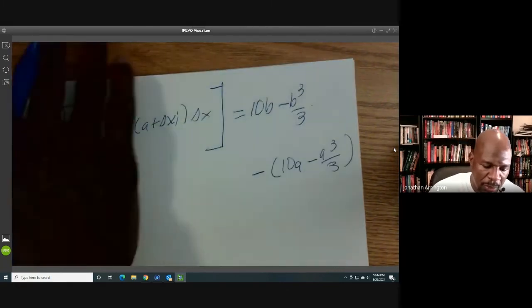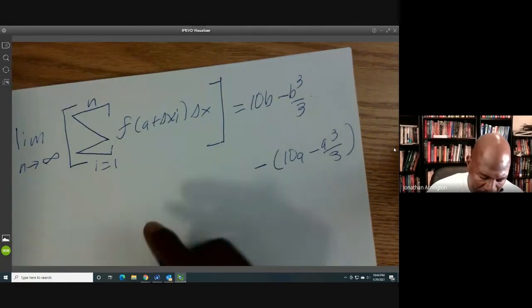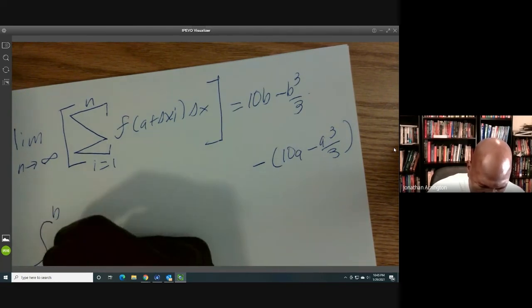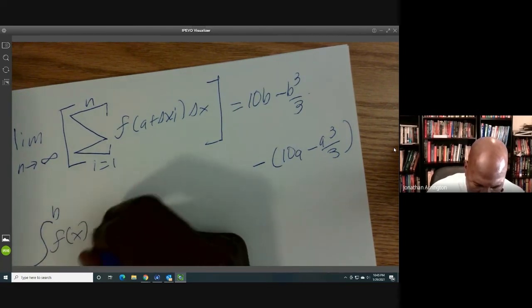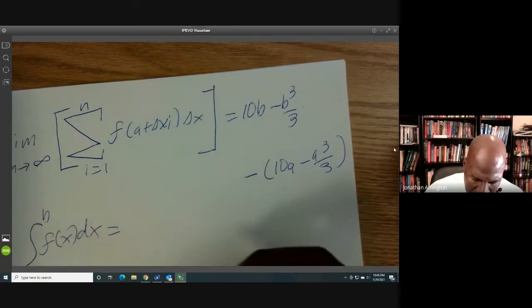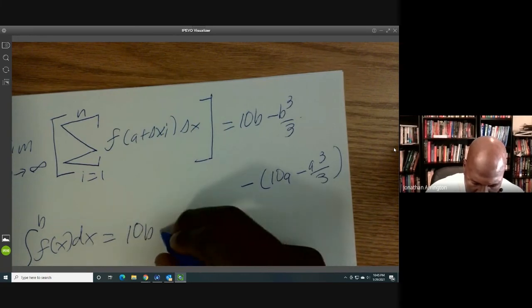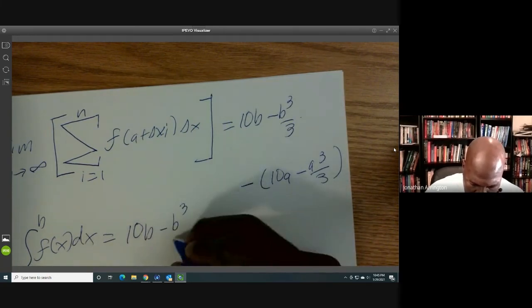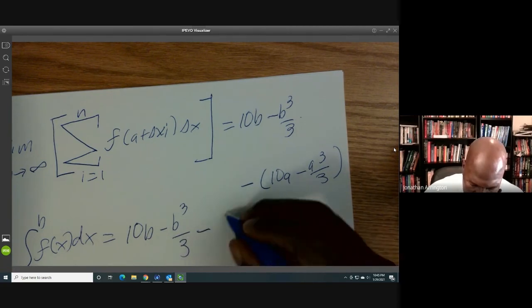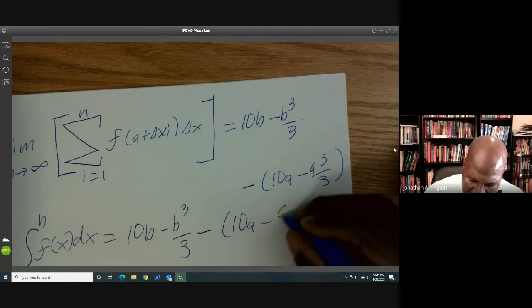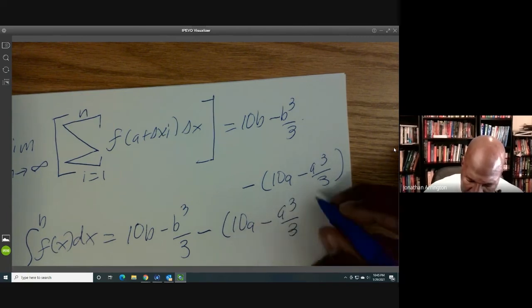But also remember, we stated that this guy was equal to the integral from a to b of f of x dx. And again, we found that equals 10b minus b cubed over 3 minus 10a minus a cubed over 3.